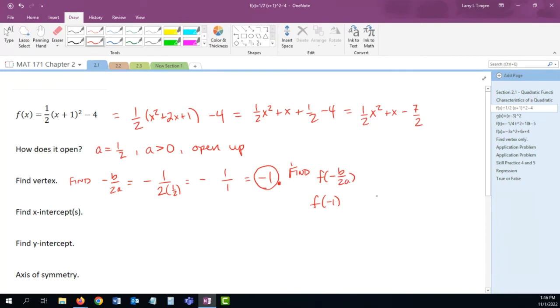Sometimes it's good to come back to the original. Look at what happens if I go back to the original form. That's 1/2 times -1 plus 1 squared minus 4. -1 plus 1 is 0. 0 squared is 0. 0 times 1/2 is 0. So 0 minus 4 is -4. So that means my vertex is the point -1, -4.